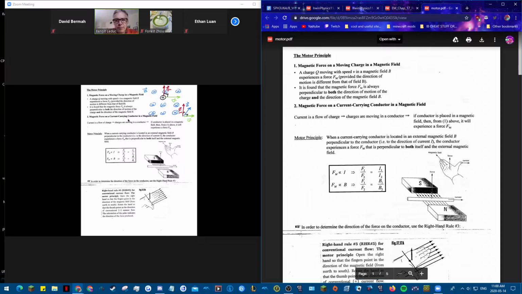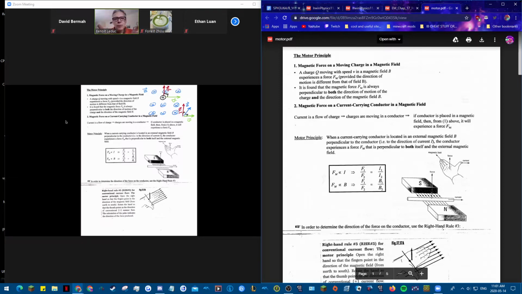To keep it simple, well, in a wire, what do you have? In a wire, you have charges, and those charges are moving. So if you put a wire in a magnetic field and you send current through it, those charges that move in the wire, of course these are the electrons, will experience a magnetic force.